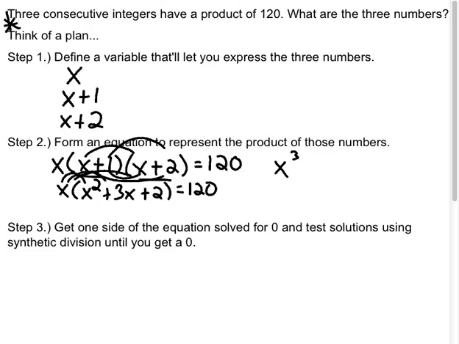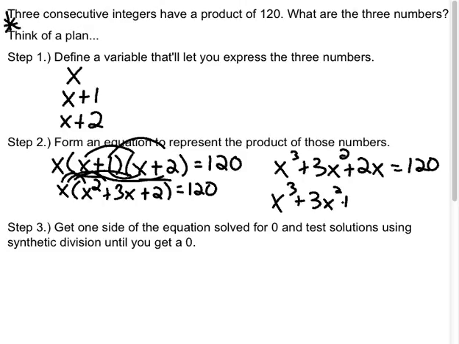So x cubed plus 3x squared plus 2x equals 120. And now, if I want to solve this thing, remember solving always implies you need it set equal to 0. So I'm going to subtract off that 120.